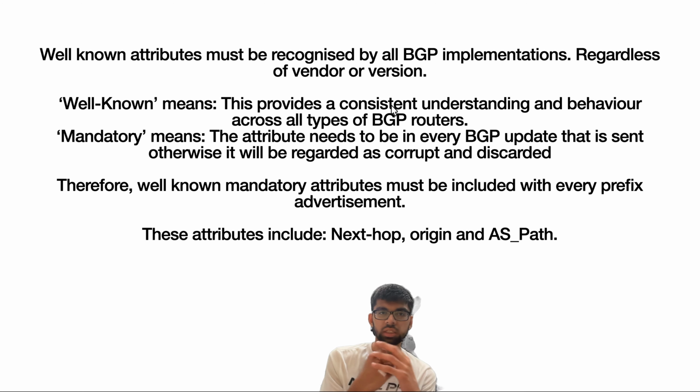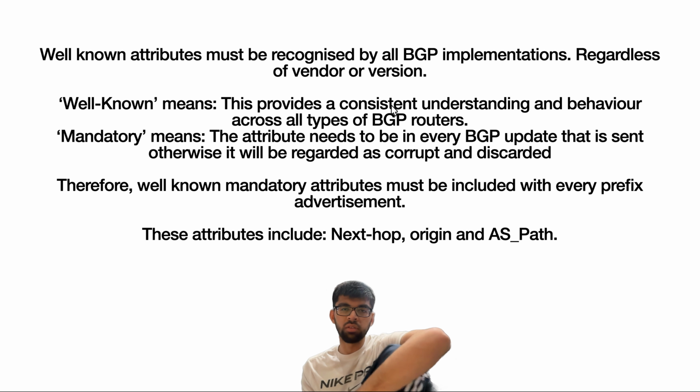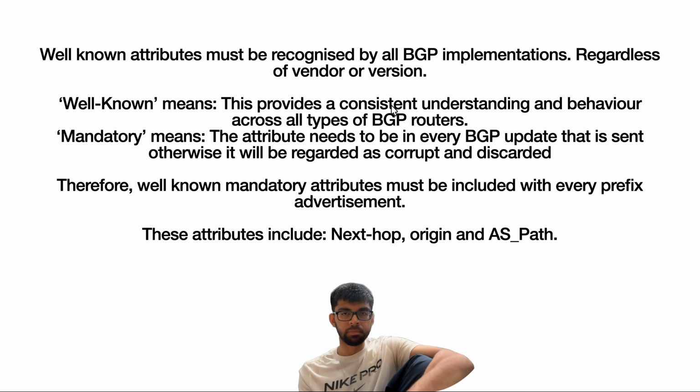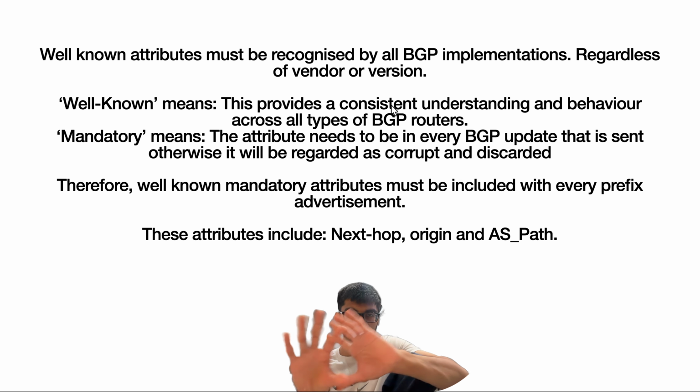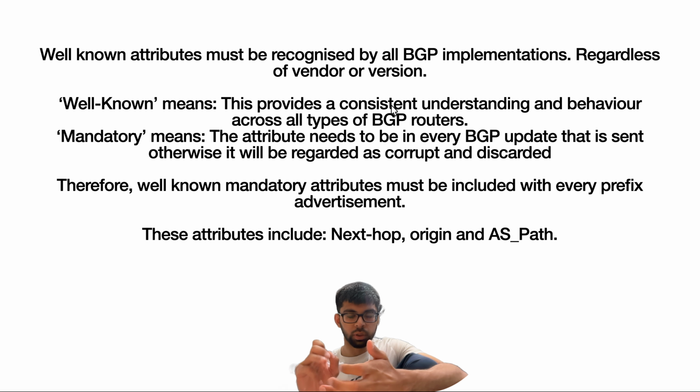This attribute has a consistent understanding between all the vendors and the different versions of BGP. So those attributes that are called well-known are understood across the board, regardless of the vendor: Cisco, Juniper, Palo Alto, Aruba, regardless of the version.